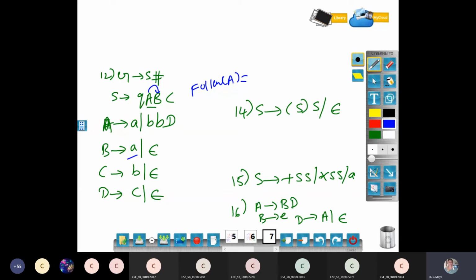A you copied. Because of epsilon, you have to visit C again. The C is a non-terminal. Then if you go to C, you will get B. You copy B. Because of your epsilon, then what do you have to do? Follow of S. What is the follow of S? This line is missing. Okay, according to that, you have to do it. Let us go for the next one.